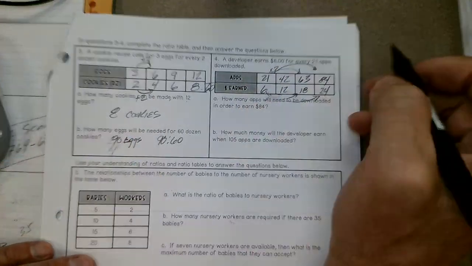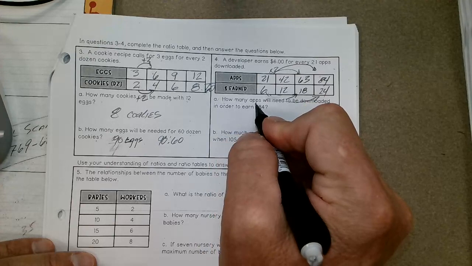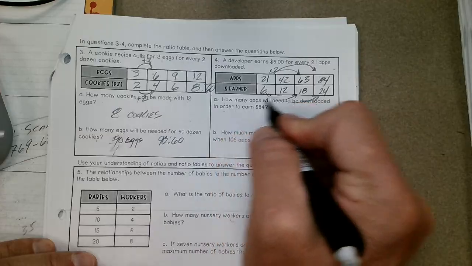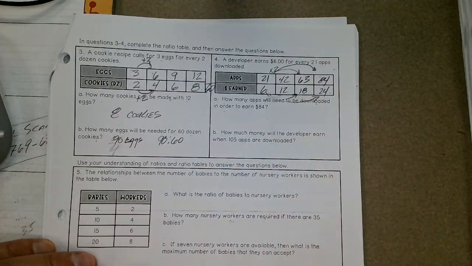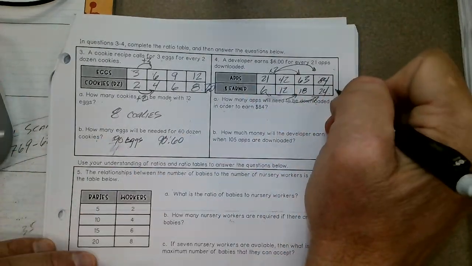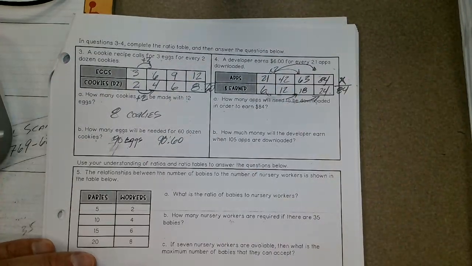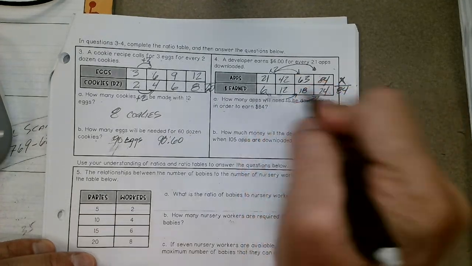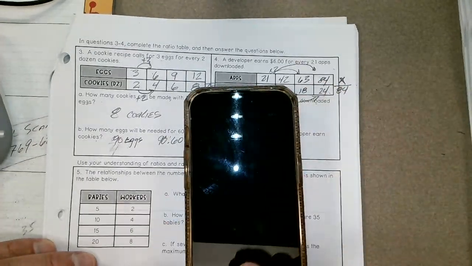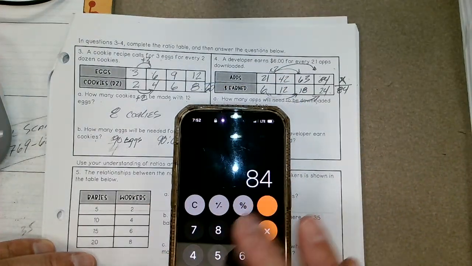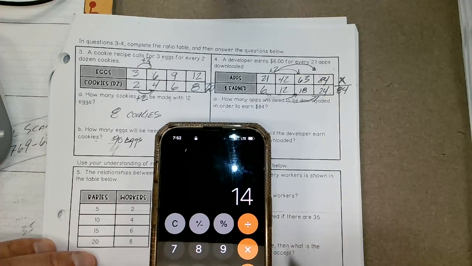How many apps will need to be downloaded in order to earn $84? So now they have 84, and we're looking for X. Well, we could look at it and say, how do I get from 6 to 84? I think this is going to be the easiest way. Let's take 84 and divide it by 6, and we get 14.